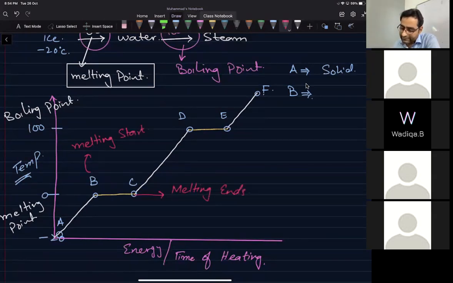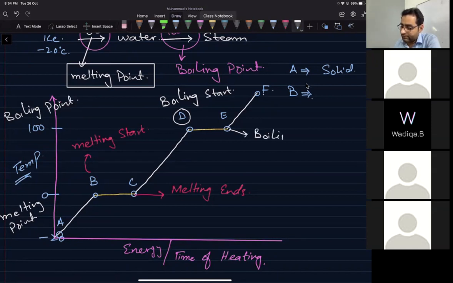And at point D, when the second time temperature is constant, at point D, boiling starts. And then again, when temperature starts to increase, at that point, boiling ends.